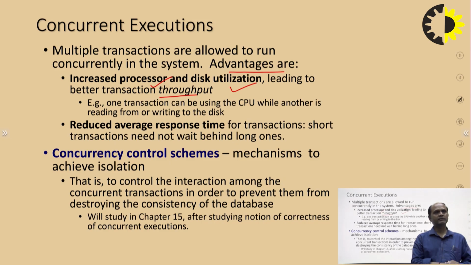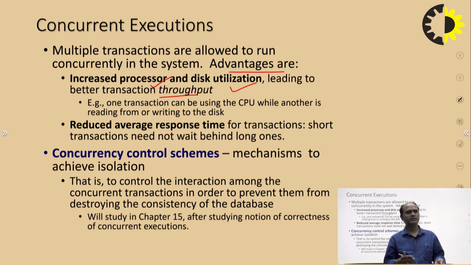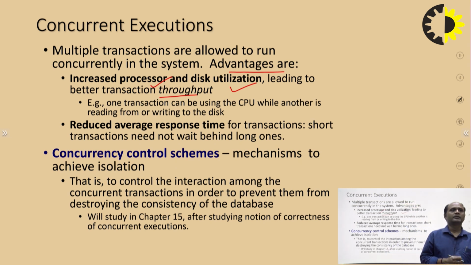What are the disadvantages? Concurrent execution reduces average response time. Suppose we have short transactions of 2 seconds, 3 seconds or 5 seconds; then a short transaction need not wait behind a long one. Suppose we have a transaction T1 and another transaction T2.